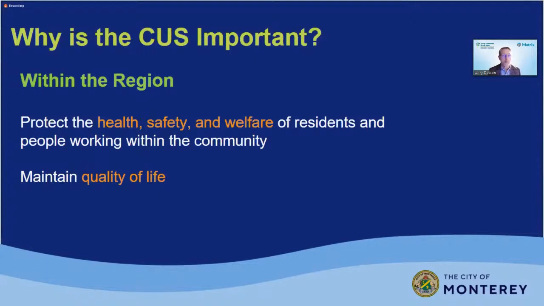So those issues were also looked at in the study. And then obviously there's the need to promote and maintain quality of life. This particular study did look at a lot of issues involving housing, access to childcare, and such for military members and their families.